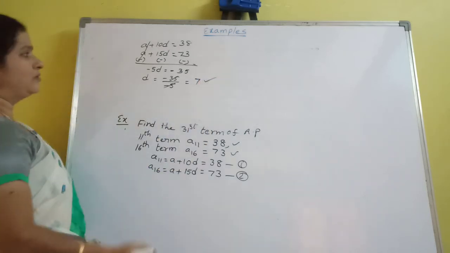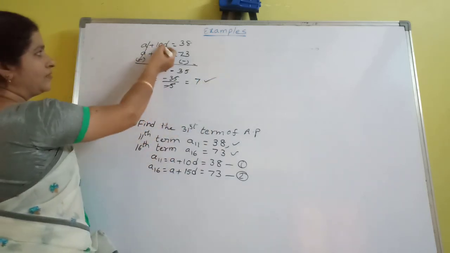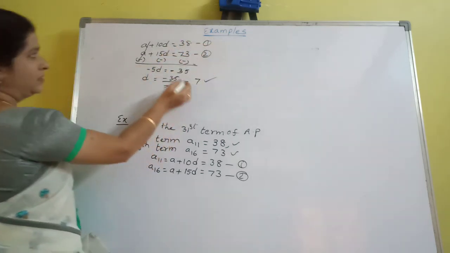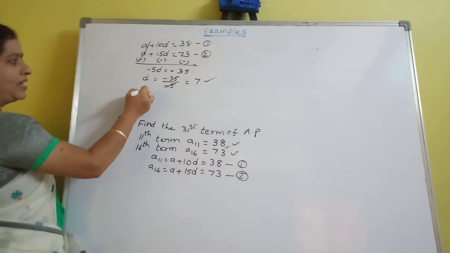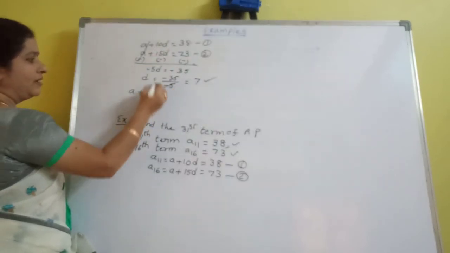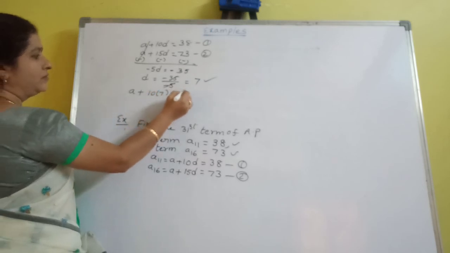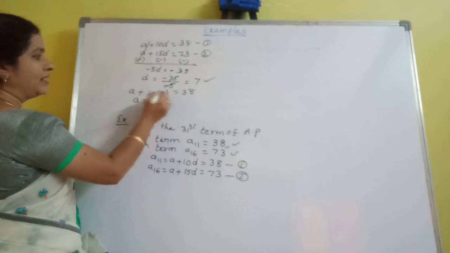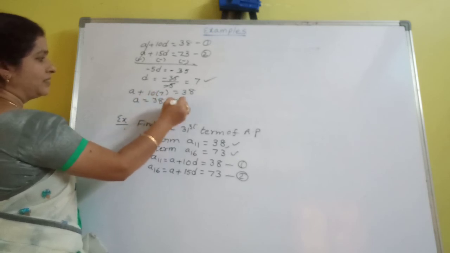So what about the A value? Substitute the D value in any equation, either in the first equation or the second equation. Substitute the value. So A plus 10 into D value 7 here equal to 38. So A equal to 38 minus 70.